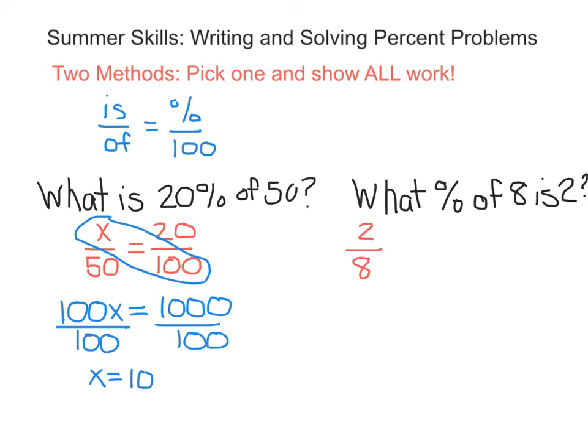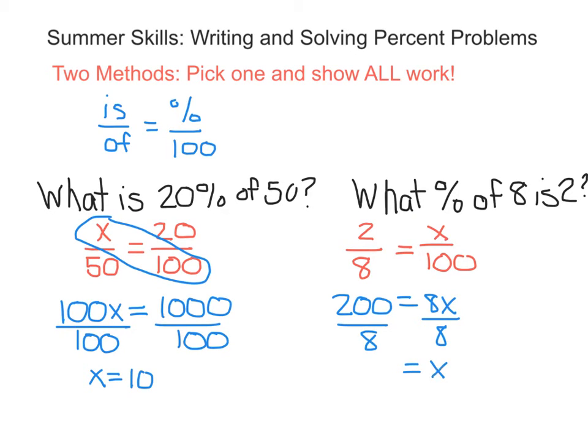My of is 8. I don't know the percent this time, so my x is going to go over 100. I'm going to cross multiply, so we're going to end up with 200 equals 8x. If I divide both sides by 8, I'm going to end up with x is equal to 25, so I know that it's 25%.